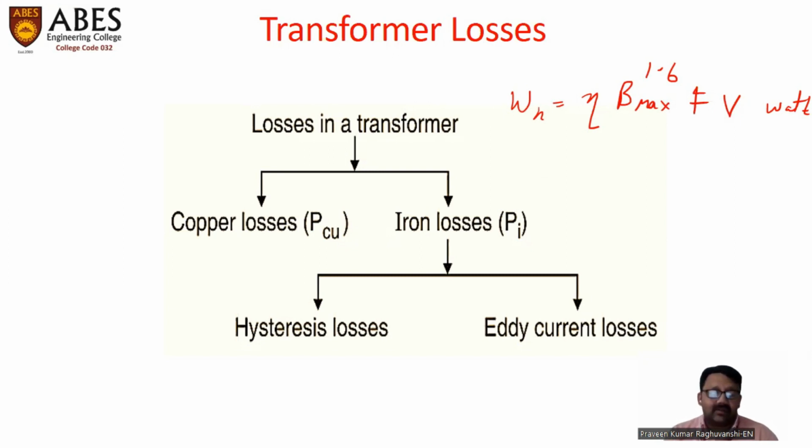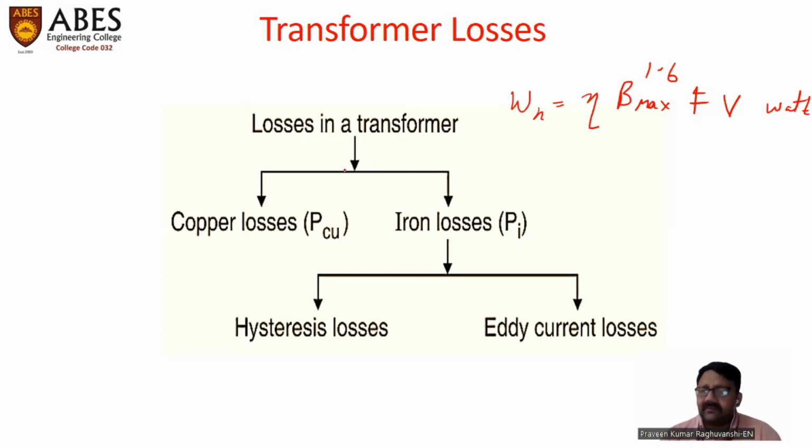The eddy current losses occur in the transformer core because of the production of eddy currents. As we know, eddy currents are circulating currents developed in the body of the transformer core due to the working flux of the machine. These currents can be minimized with the help of a laminated iron core.